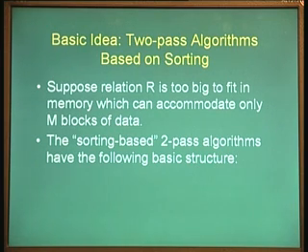Suppose we are given a relation R such that the relation R is too big to fit in memory, and for the DBMS we are given a maximum of m blocks of memory. Therefore m blocks of data can be read from the relation R by the DBMS at any point in time. The sorting based two-pass algorithms have the following basic structure.